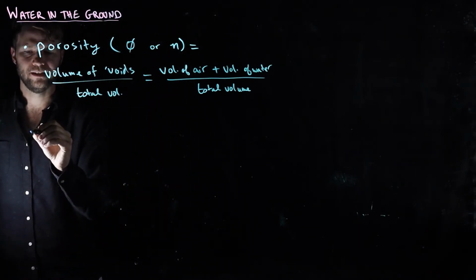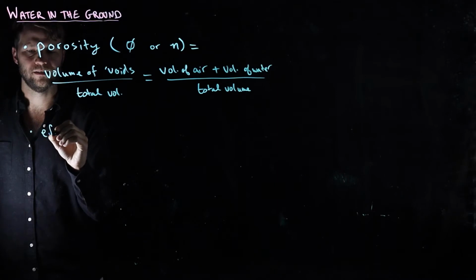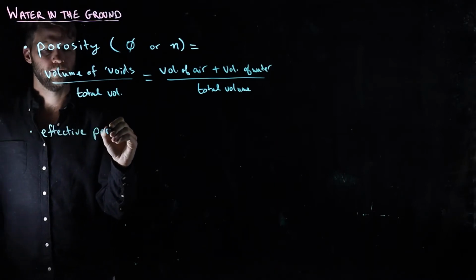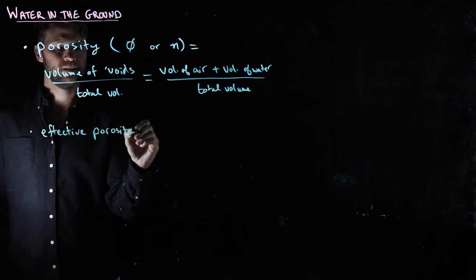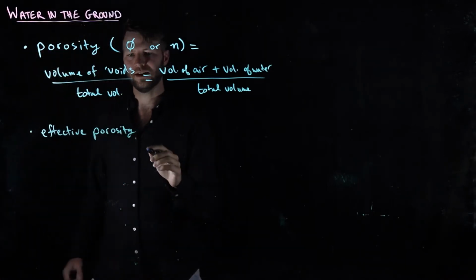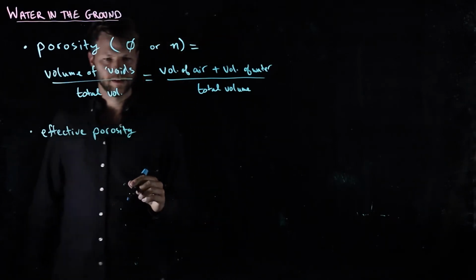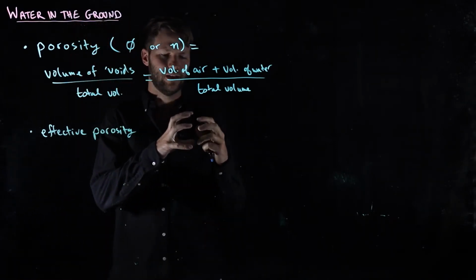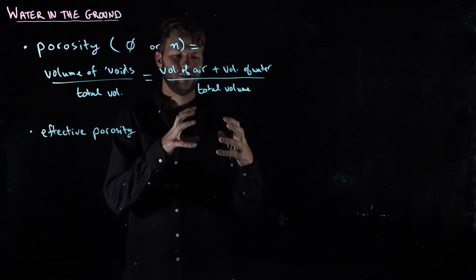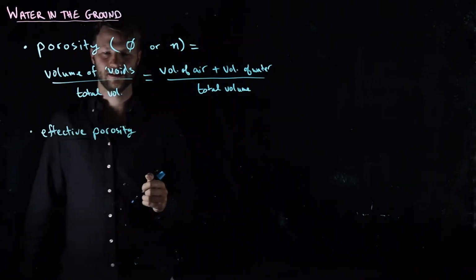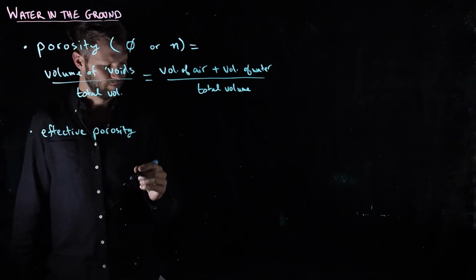There is a related term known as the effective porosity. And the key distinction here is that the effective porosity includes just interconnected pore spaces. So if you had a tiny pore that was inside of a solid grain, for example, that wouldn't count because it's not connected to the other pore space in the medium.